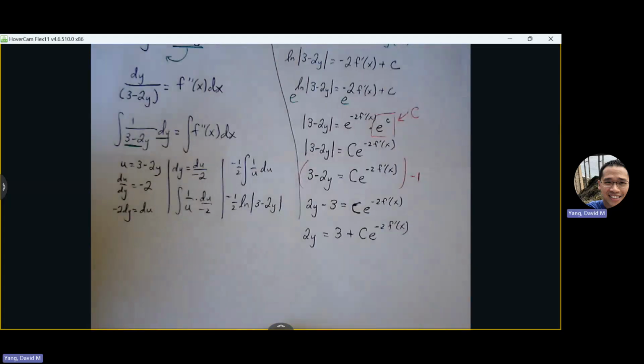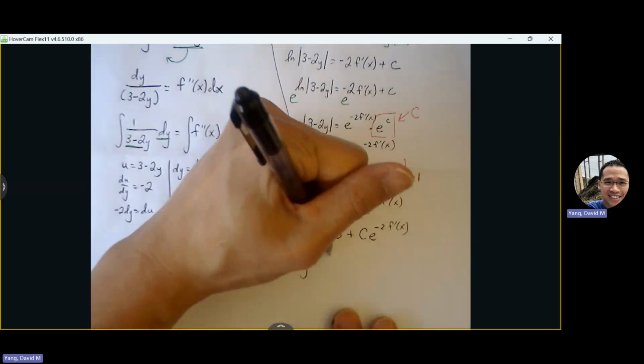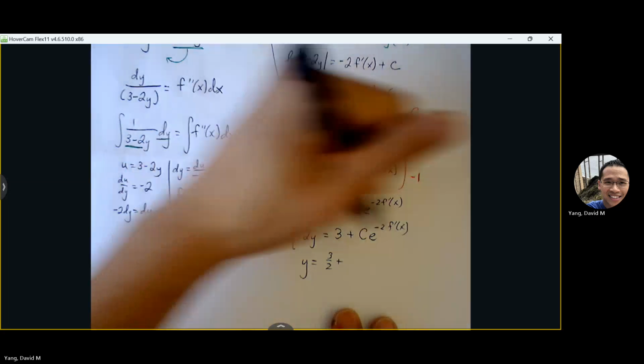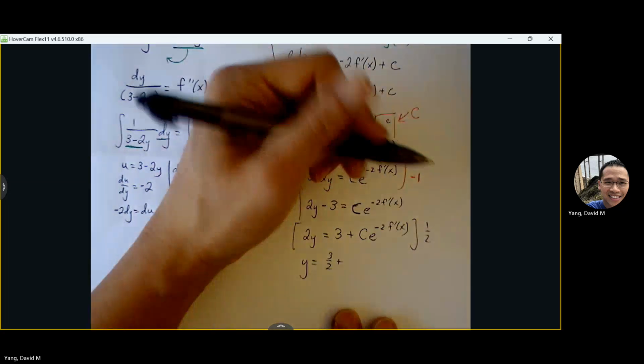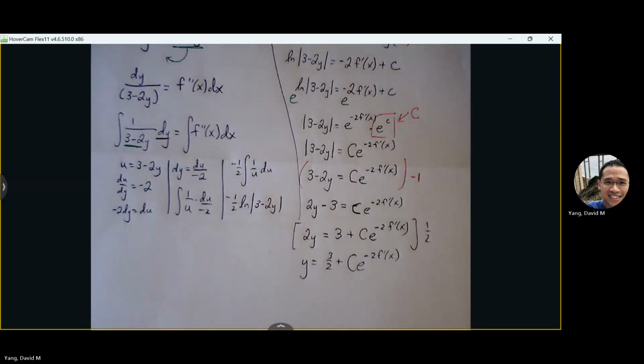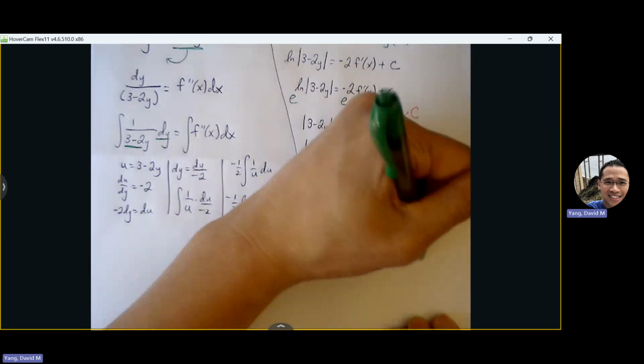This is a little messy here. A lot of algebraic steps to get through. Ordered pair is 0, 1. Yeah, 0, 1.